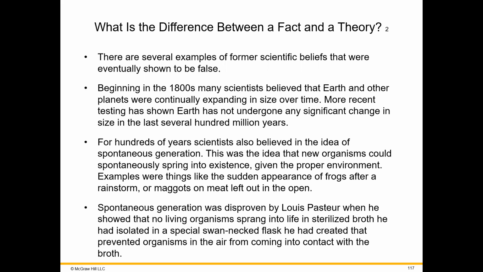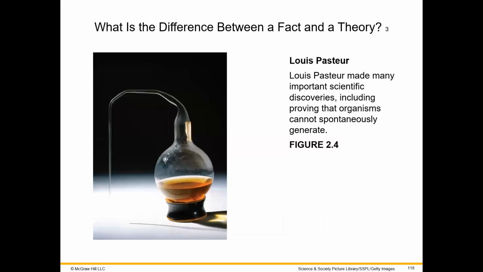Now, more recent astronomical finds have shown that Earth has not undergone any significant change in size for the last 100 million years. Okay. Now, you can read these 2 other scientific beliefs that were thought to be fact. I'm not going to go into them, but now I want to talk about theory.